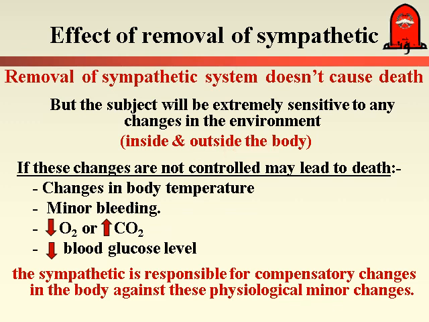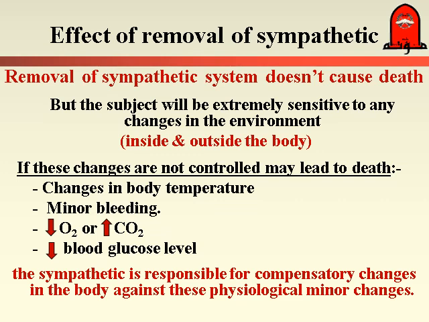For example, if the subject got removal of the sympathetic nervous system, and there are changes in the environmental temperature or body temperature, minor bleeding, a decrease in oxygen and increase in CO2, or a decrease in blood glucose level, the subject cannot face this stressful condition and he will die from these minor changes.